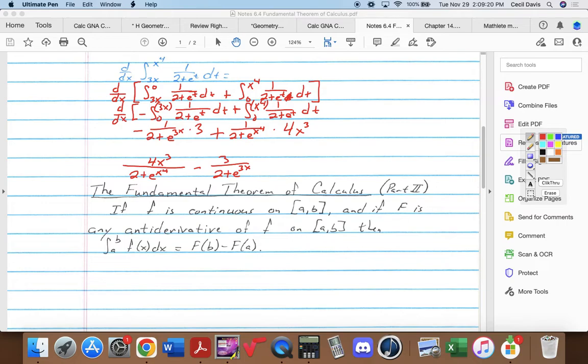Did the part where we broke it at 0 really affect anything? No, we could have broken it anywhere. In fact, if we just ignore the bottom for a second, we would get this first term when we took the derivative. And if we ignored the top and said it was 3x to some constant, we would get this. So you don't have to go through all that.